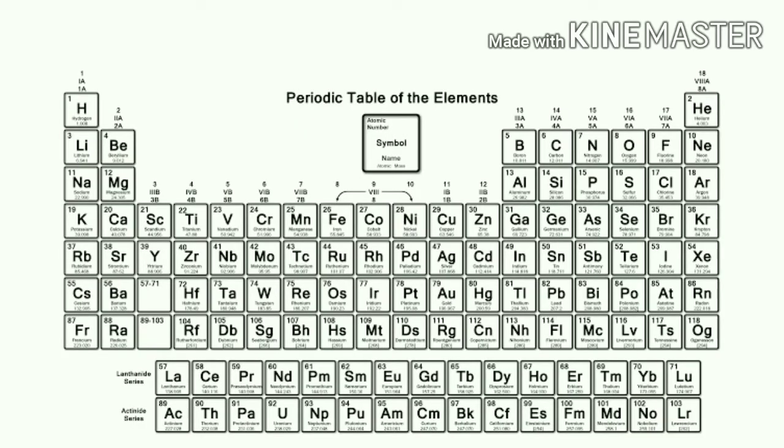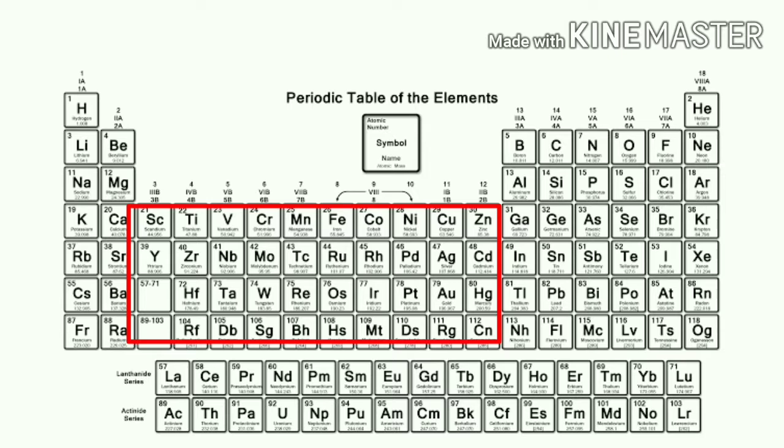Look at this. This is the modern periodic table. In this modern periodic table, this part is called the d block elements, because if I draw the electronic configuration of these elements, then the last electron of each element present in the d block goes to the d orbital of the penultimate cell.